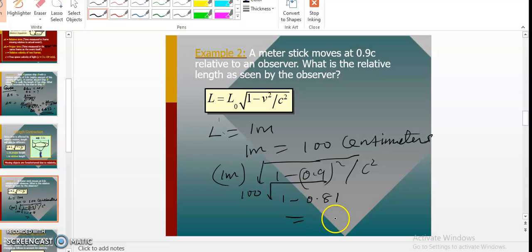Therefore, our final answer for the length recorded by that observer would be 0.436 meters, which is 43.6 centimeters, because we have changed this to centimeters, so we are using 100. So this will be our solution.